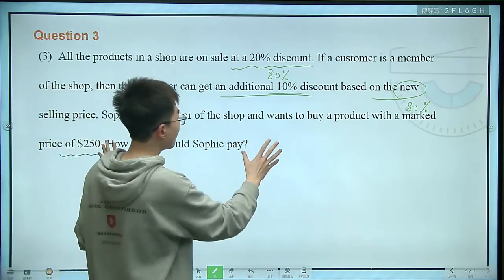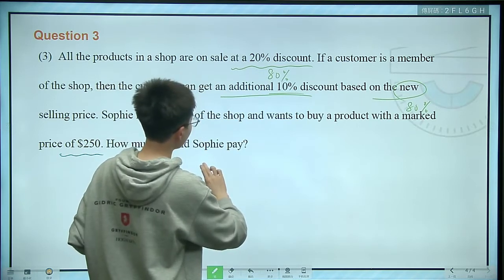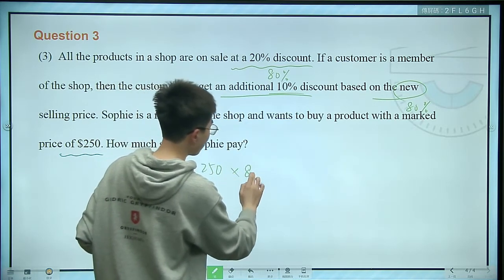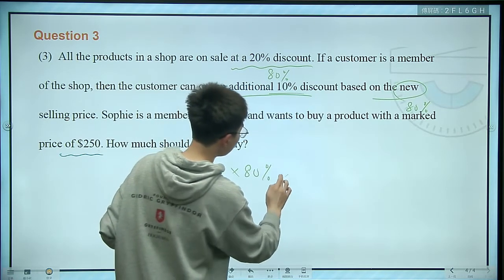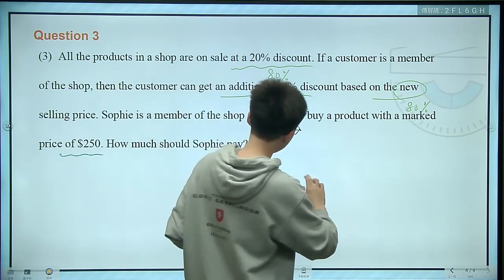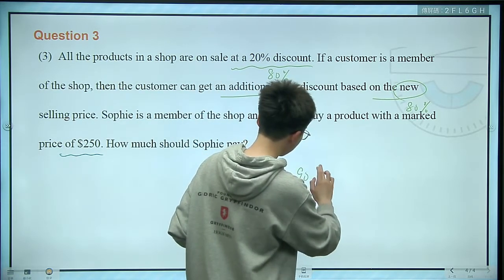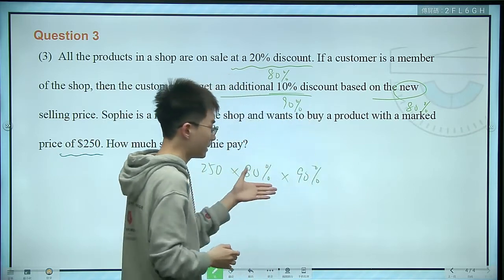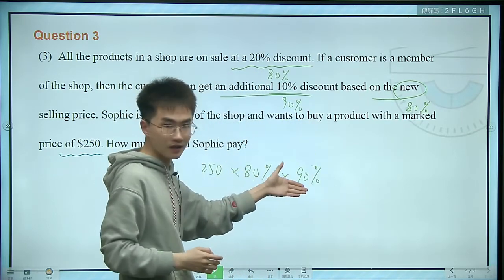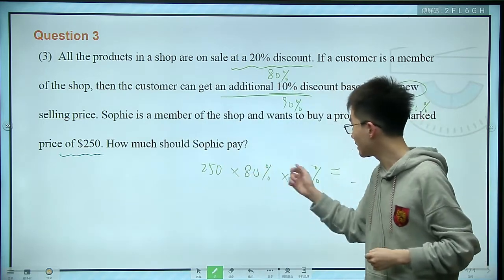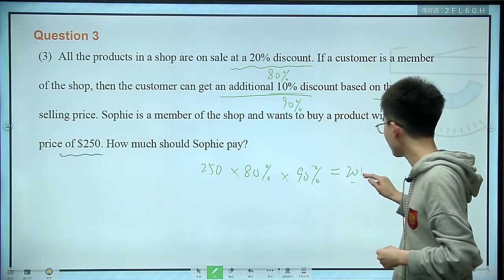If I write down the calculation process, it will be 250 times 80%. And then on this new selling price you get an additional 10% discount, so it will be 90%. You times 80% and times 90%. 250 times 80% equals 200.